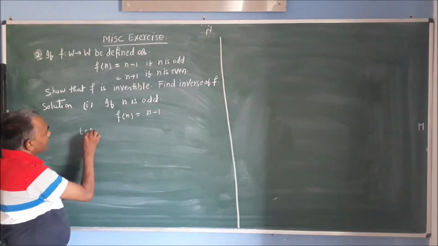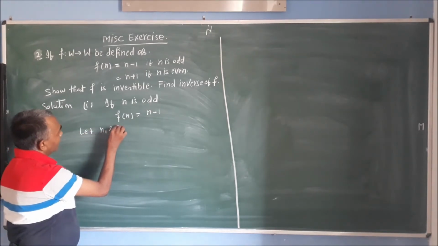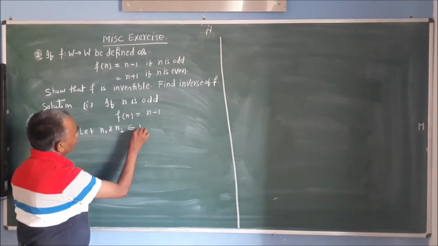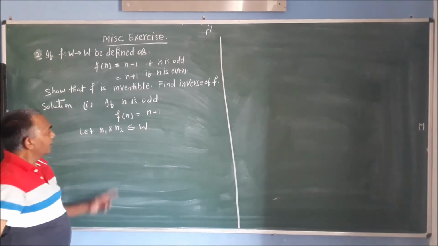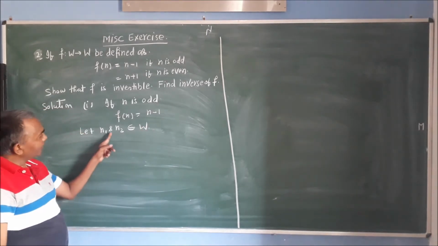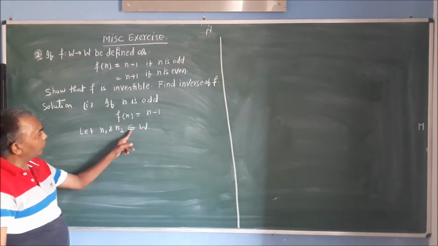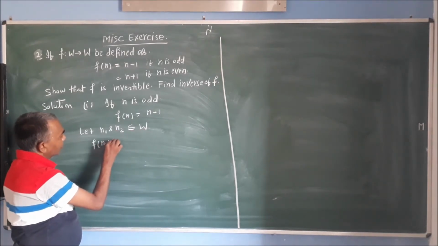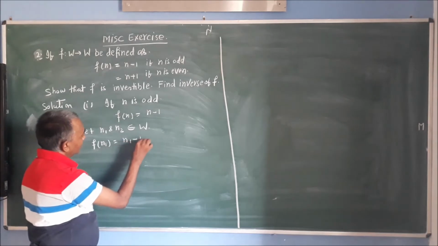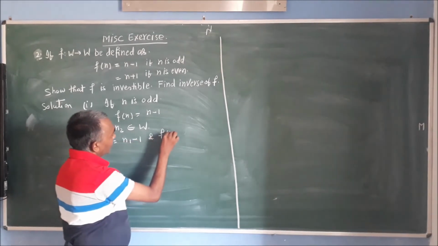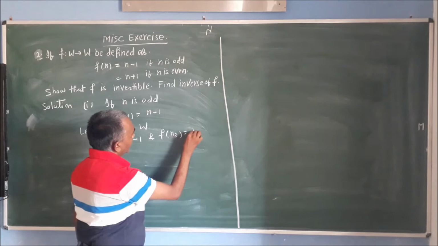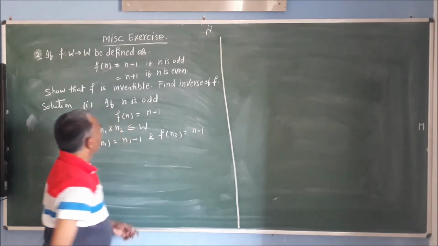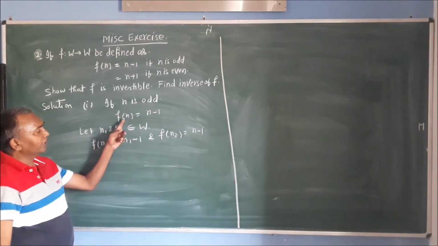Suppose n1 and n2 belong to whole numbers. So f of n1 is equal to n1 minus 1 and f of n2 is equal to n2 minus 1. Put the values of n1 and n2 in this function.